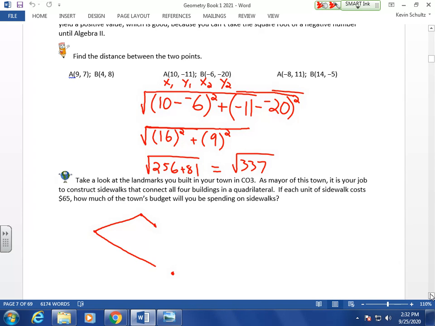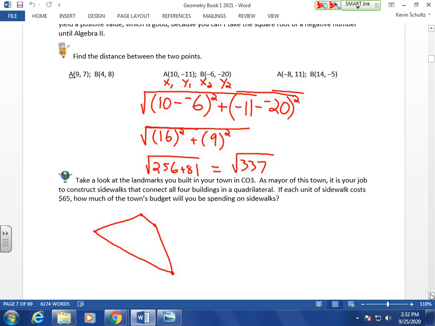So your sidewalks are connecting these towns to make a 4-sided shape. So it should look like this. Trapezoidish looking thing, not quite that, but if each unit of sidewalk costs $65, how much of the town's budget will you be spending on sidewalks? Okay.